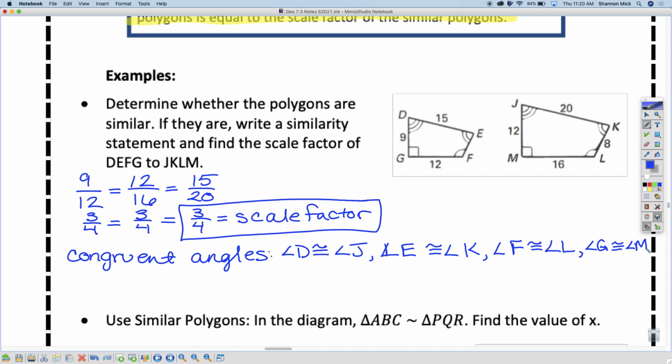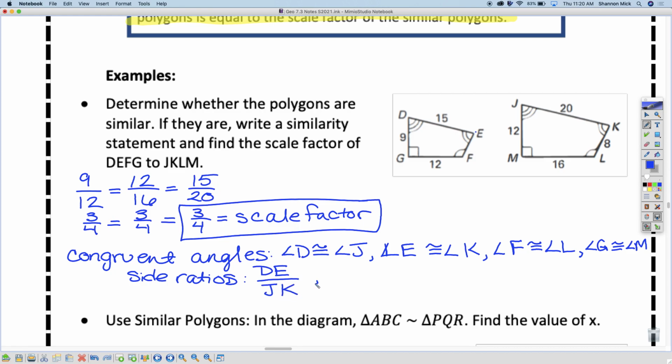Sure. Okay, so now we have our side ratios. Side DE corresponds to side what? JK.